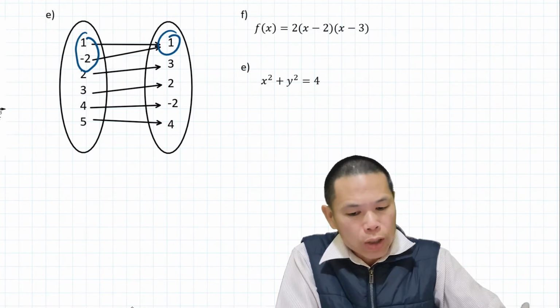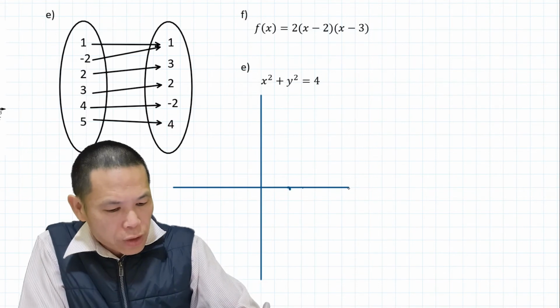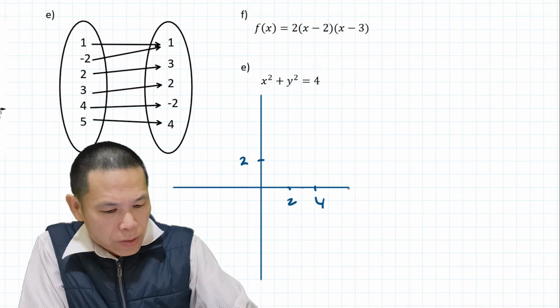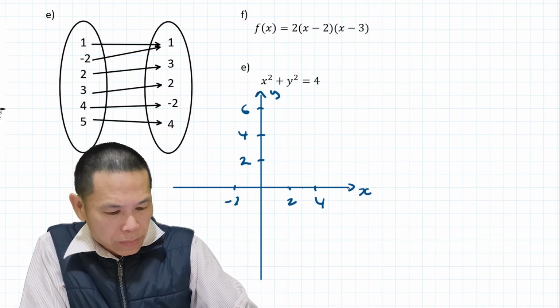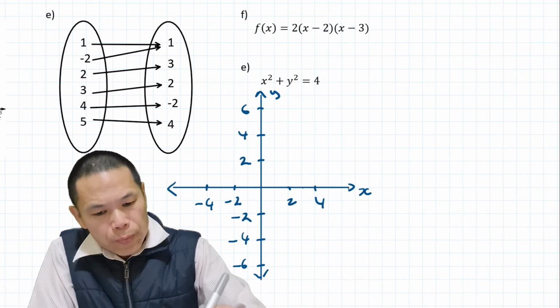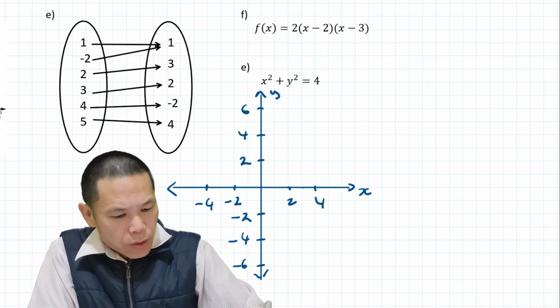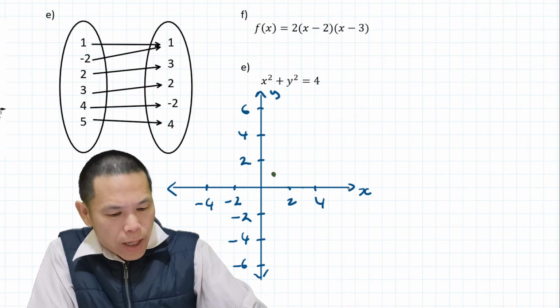Otherwise, let's do some plotting. So let me just write this down. This is 2, 4, 2, 4, 6. That will do. So we have 1, 1. So 1, 1 is here. Negative 2, 1. So negative 2, 1.